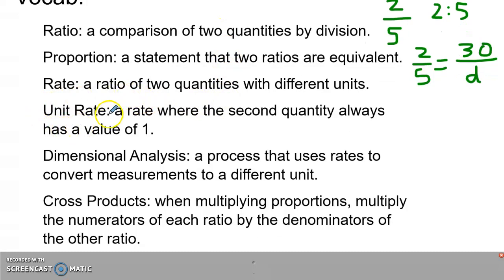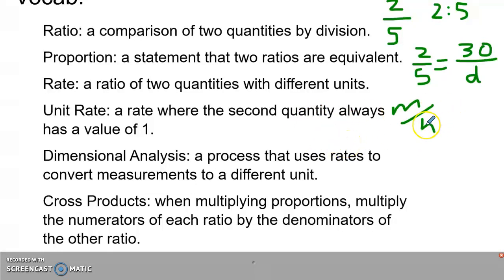In a unit rate, it's the same where you're having different units, but now we're making sure that our second quantity, our denominator, is always 1. Okay, so miles per hour, it's always 1 hour. Feet per second, always 1 second.